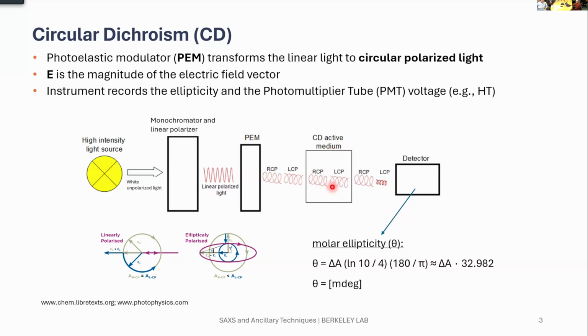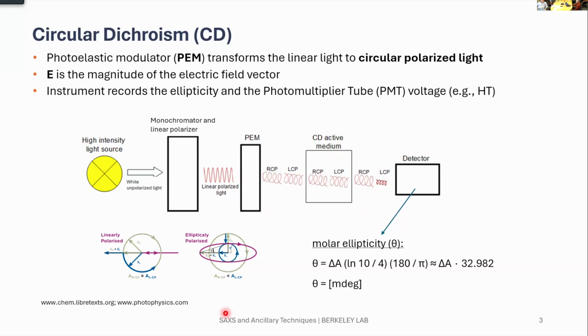And in our sample, where we have chiral molecules, which are, of course, our proteins, DNA, other nucleic acids, they can absorb those two types of light differently. Then we are getting different amplitudes of absorption of that right and left circular polarized light.